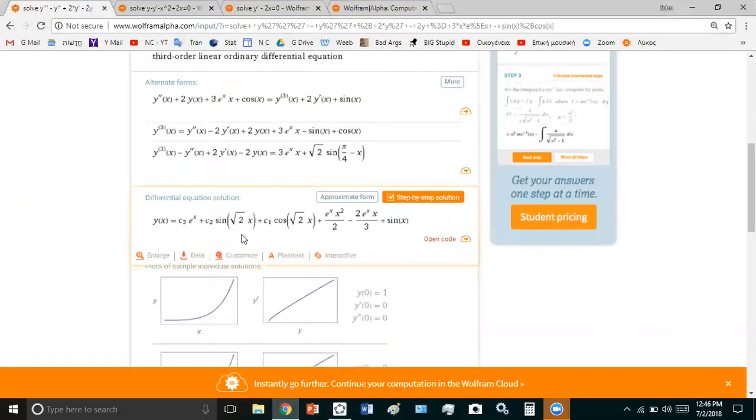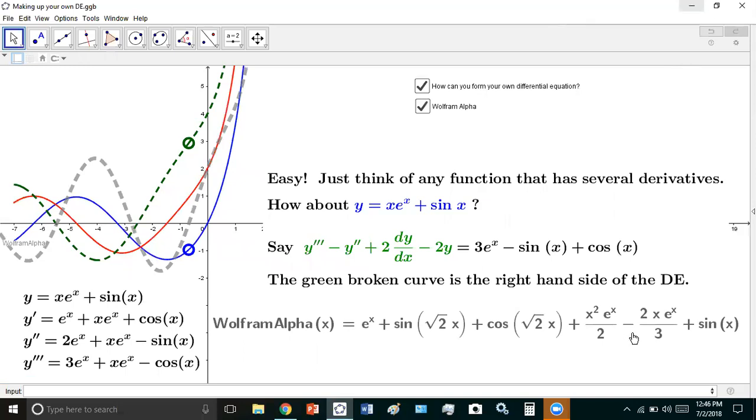So if you look over here, there's no constant in front of this term. So that's obviously wrong. And there's no constant here, which I can change so that it gives me exactly this particular term. So obviously, Wolfram Alpha didn't find the solution correctly.